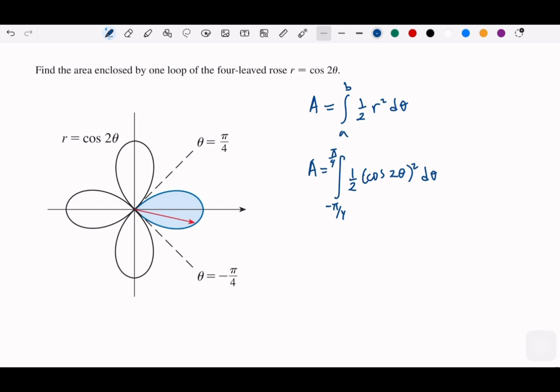Notice that in polar, there will be a lot of algebra for trigonometry. So I hope you have seen this before. If we square, this will be cosine squared 2 theta, right? So remember, for every cosine squared or sine squared, the best way is to use the double angle, so make it through the double angle formula.